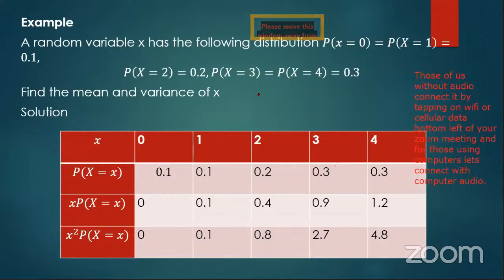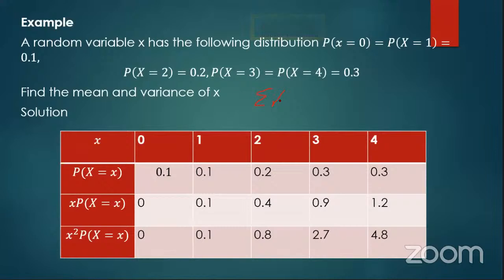Then the summation of x times the probability values. So this is the formula for the mean. That means we get 0 times 0.1, and that gives us 0.